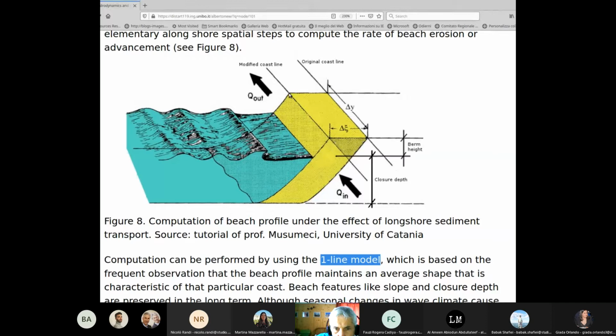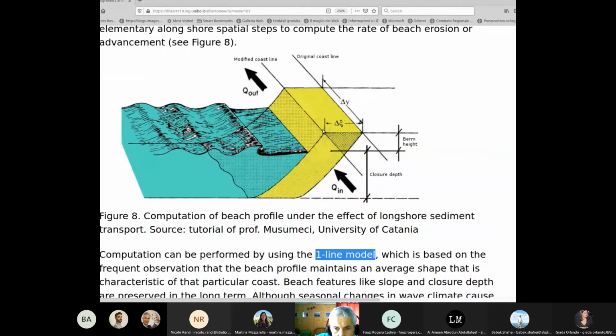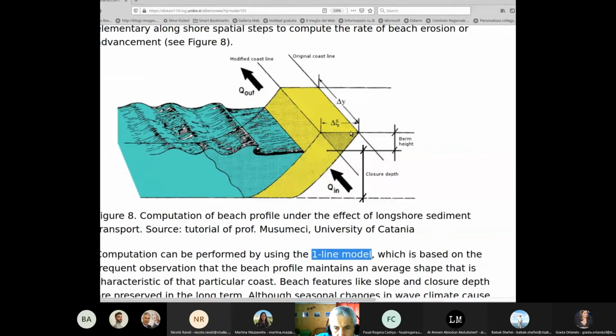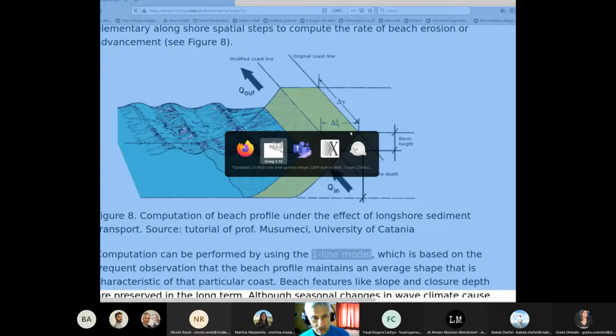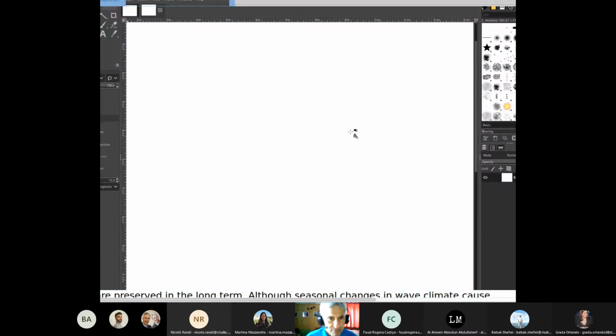The direction of the coastline, what I am browsing with the mouse, doesn't change. So let me better explain on the graphic, because I want to make sure that you get this.